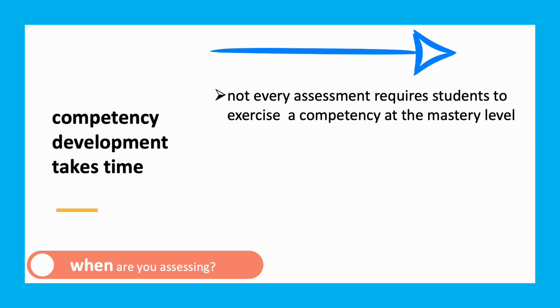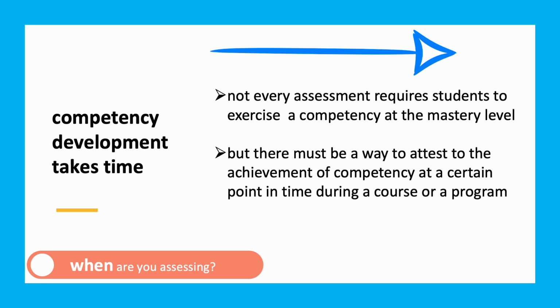There must be a way to attest to the achievement of a competency at a certain point in time, either during a course or a series of courses. Ideally, the student will be given many opportunities to exercise the competency at introductory and intermediate levels as they progress towards mastery.